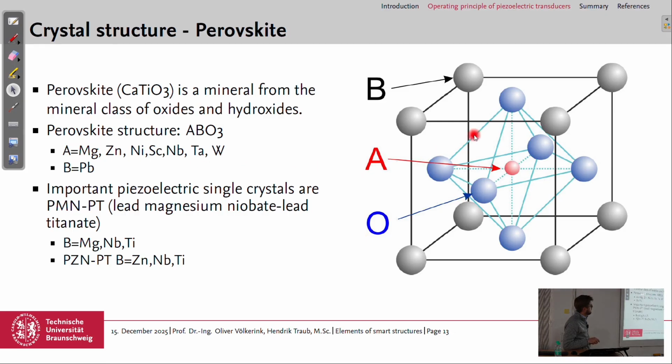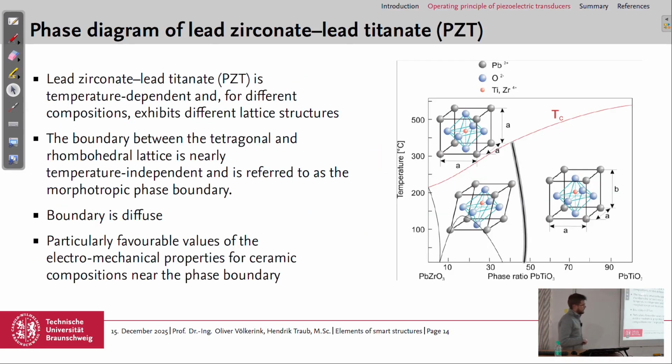Then you have the oxide atoms around, and here on the edges of this lattice, the B atoms, in this case the lead. And the lattice structure depends on different things, the temperature and also the composition of the ceramic.